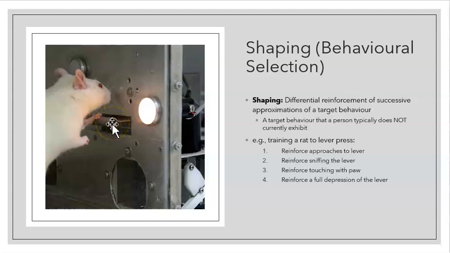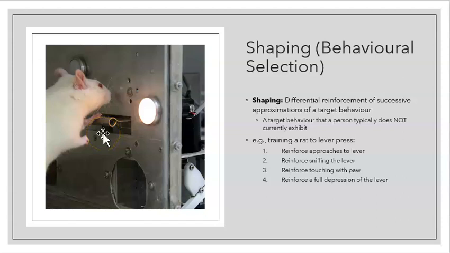And then we'll finally reinforce only when the rat fully presses the lever down. So puts pressure on the lever and pulls it all the way down. And this is how we can reinforce the behavior of pressing the lever.